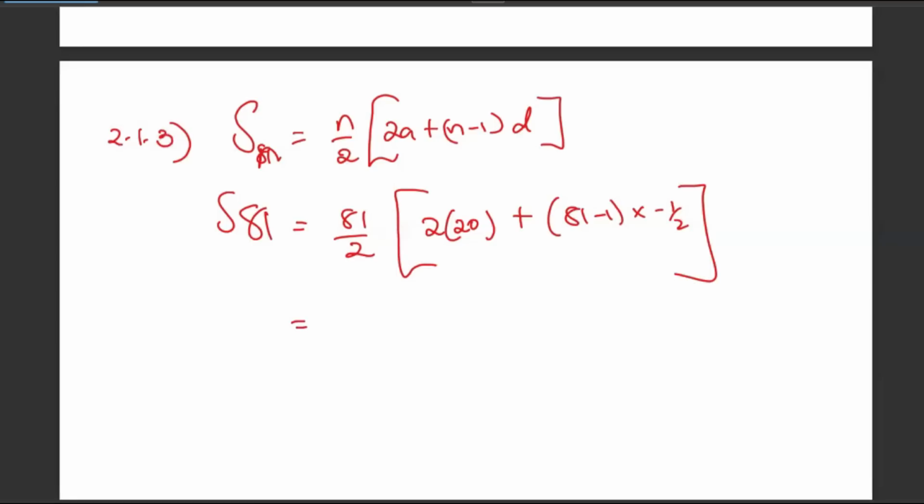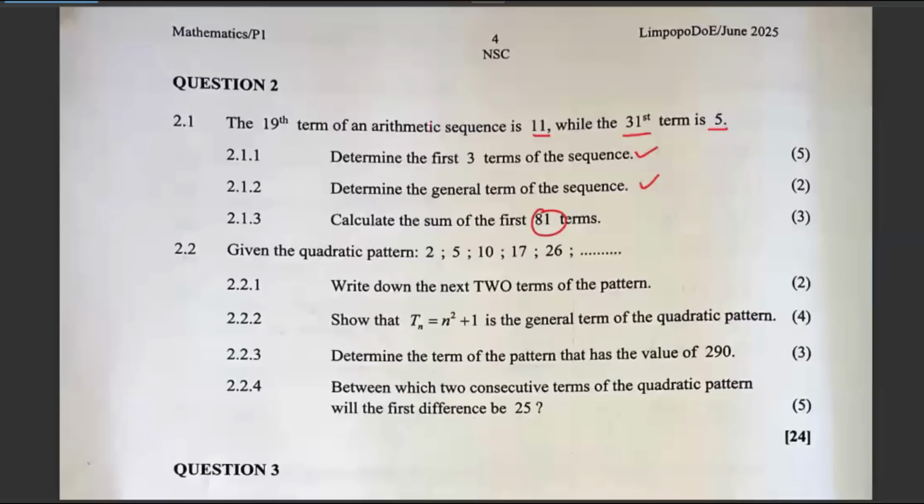I'm getting an answer of 0. That's what I'm getting. Okay. So the sum of the first 81 terms will give us 0, since we have positive numbers as well as negative numbers. All right, then 2.2, they're telling us we are given the quadratic.